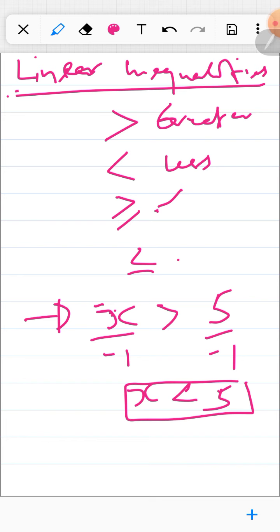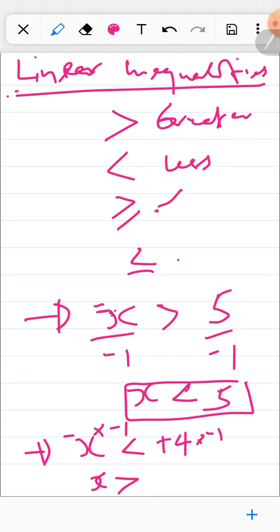That's the only special trick there is about inequalities. If it was x is less than -4, put the negative here. If I multiply by -1 on both sides, again, when you multiply or divide by a negative, the inequality sign flips. That's the only special thing about inequalities.